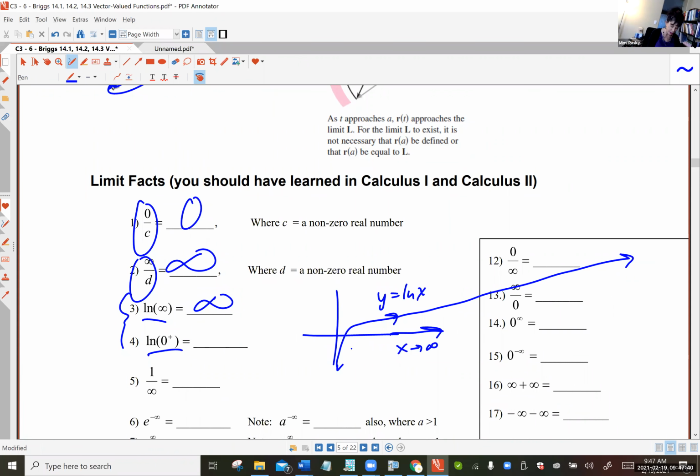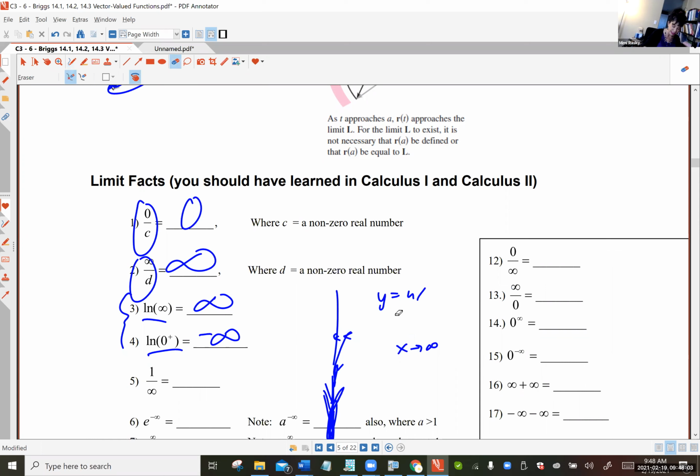When x gets really close to 0 from the right, what does this graph do? I'm giving you a hint here. Negative infinity. Very good. ln of 0 is essentially negative infinity. Please know these. You should know these cold, people. But I'm going over them for your benefit, not mine.